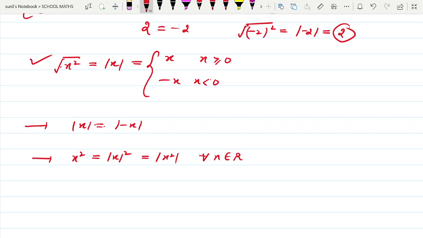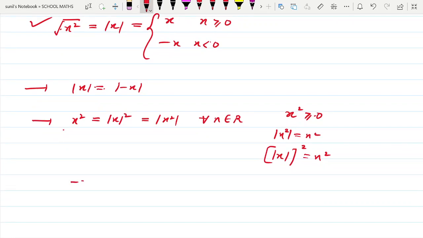When you take its mod, you will get x square, because the minimum value of x square is greater than or equal to 0. So what is mod of x square? That is x square. Now mod is again a non-negative value, and its square is the same as x square. So therefore you can say that mod of minus 3 square is the same as mod of minus 3 whole square.